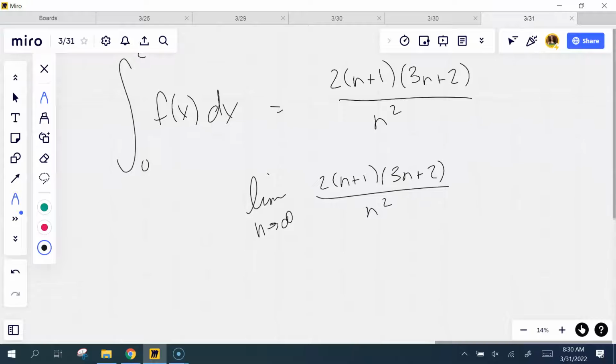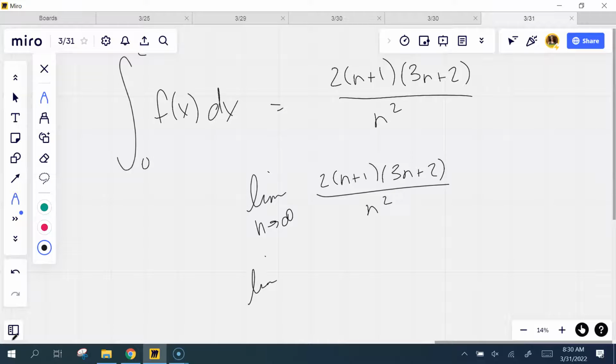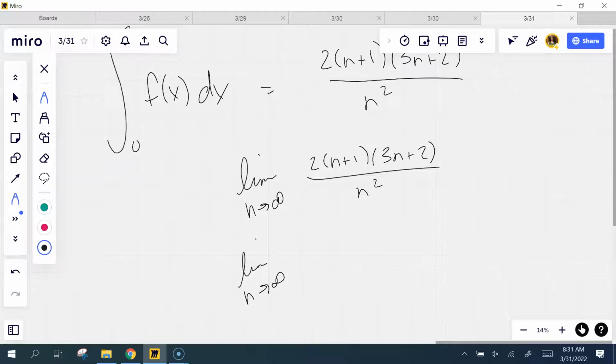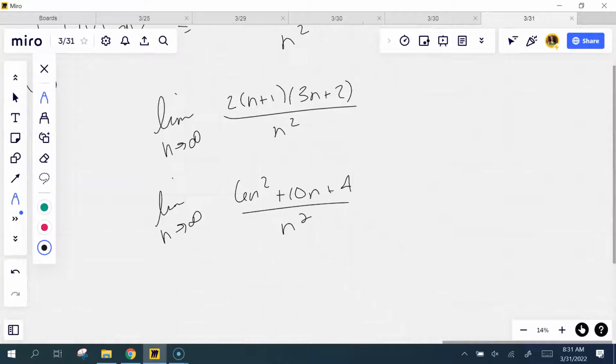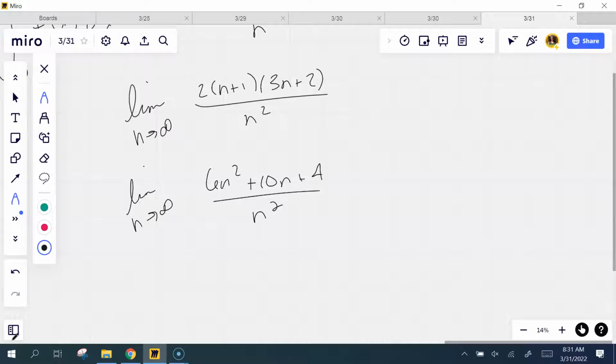But if you multiply that top out, because that's the definition of the integral, that's an infinite number of rectangles there, which is what you have to do to evaluate when there's n number of rectangles. If you multiply this out, and I'll save you all the trouble, it's 6n squared plus 10n plus 4 over n squared. I get infinity over infinity, which looks like a what kind of situation? A L'Hopital situation. And I just kept going.